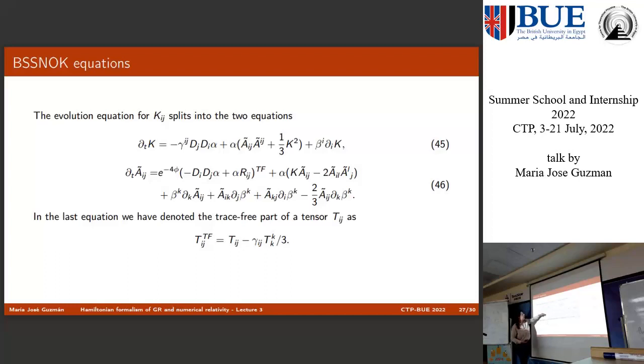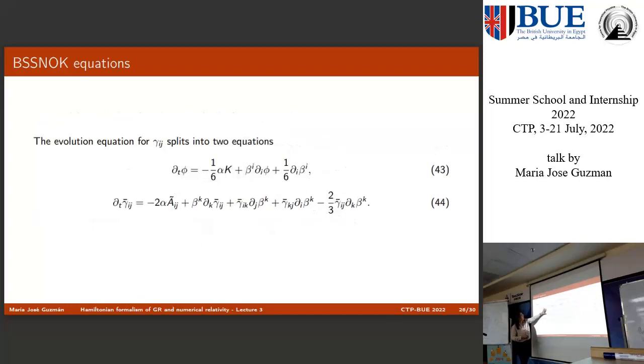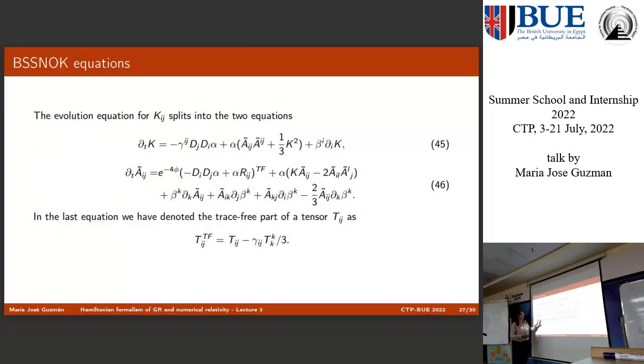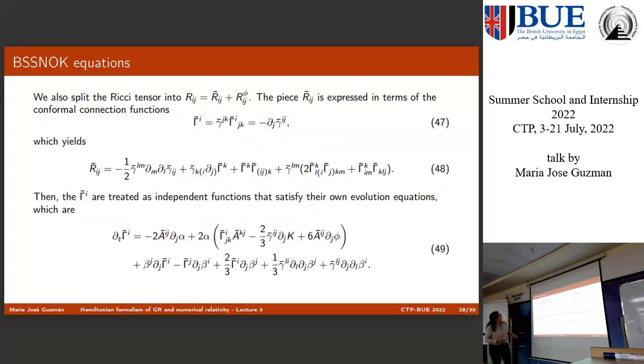And then I get evolution equations for this term. So this is the metric, the intrinsic metric, and these are the extrinsic curvature equations of motion. And then I also have to split the Ricci tensor.